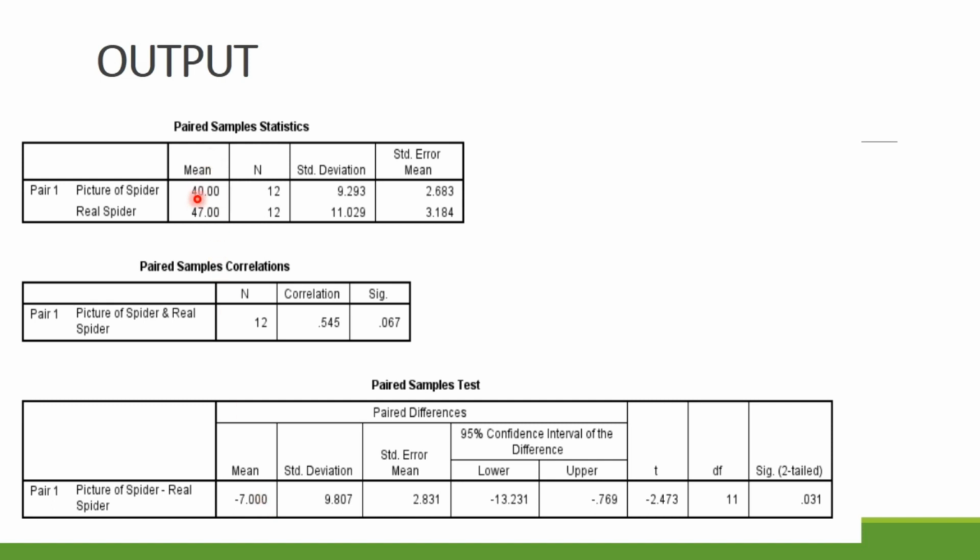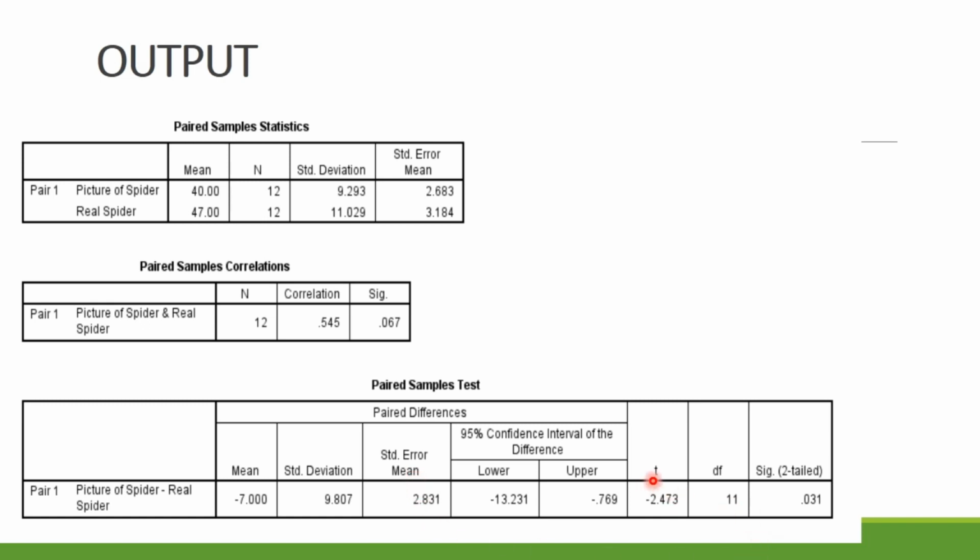So that's 40 minus 47 equals -7. The standard deviation is 9.807, and more importantly, this table shows us the standard error mean, which is 2.831.